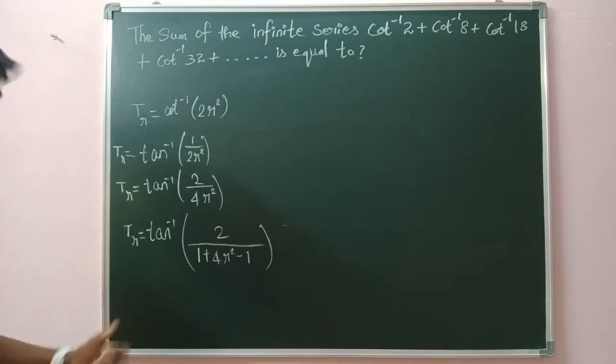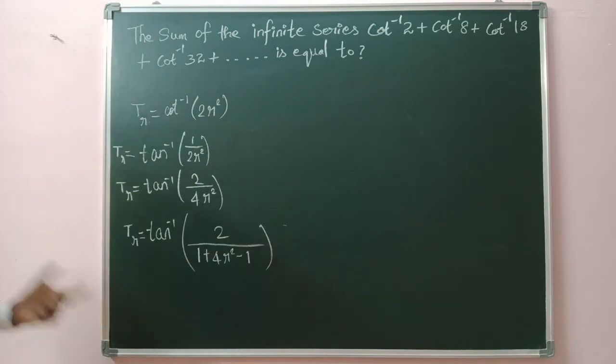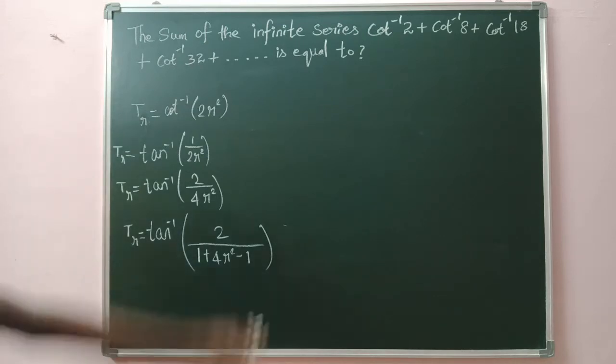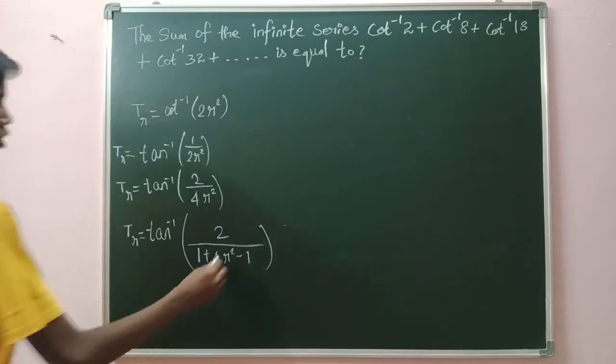That is not like you should memorize these things. Just the way the formula works, and if you have more exposure, then it's going to be very easy for you. So that's what I'm doing now. So now I'm having 4r square minus 1.